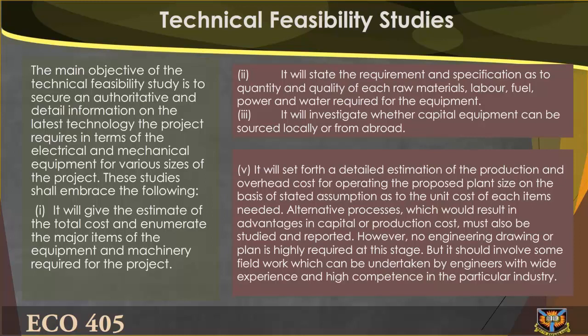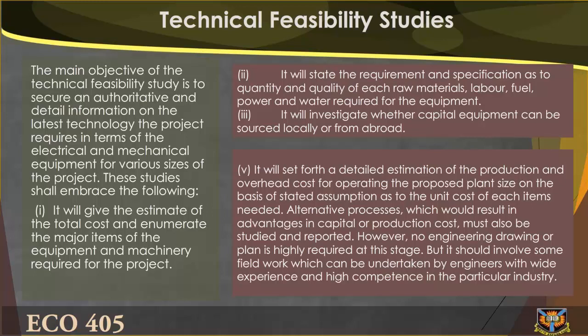Technical feasibility studies. The main objective of the technical feasibility study is to secure authoritative and detailed information on the latest technology the project requires in terms of the electrical and mechanical equipment for various sizes of the project. These studies shall embrace the following. 1.